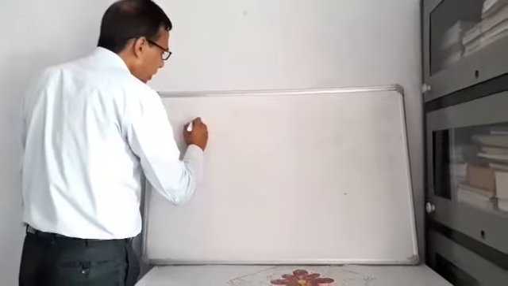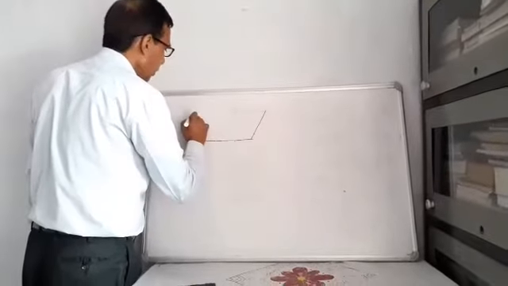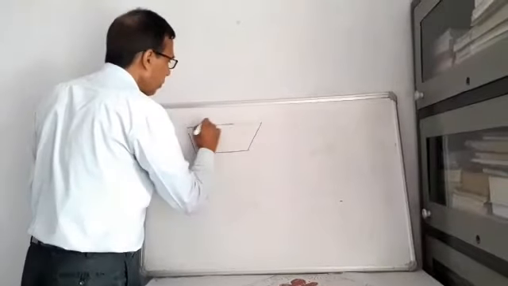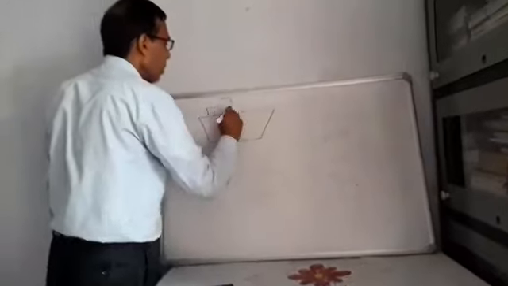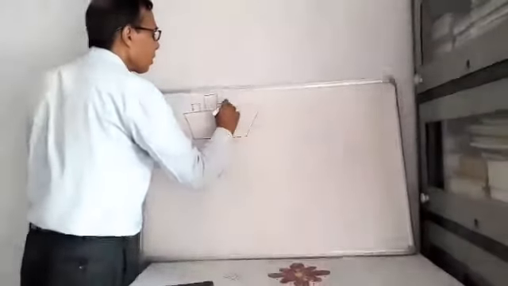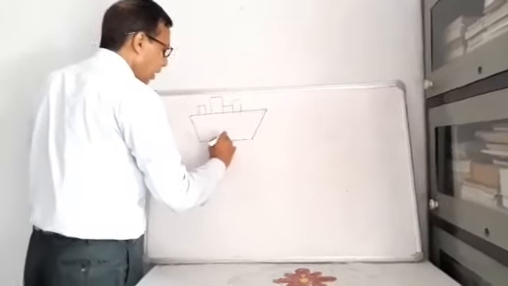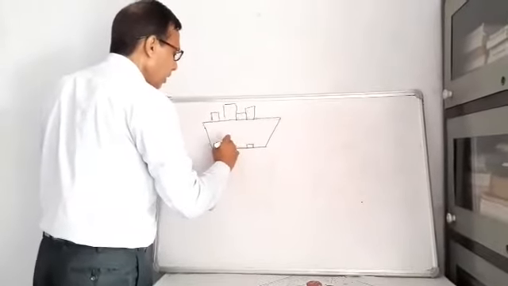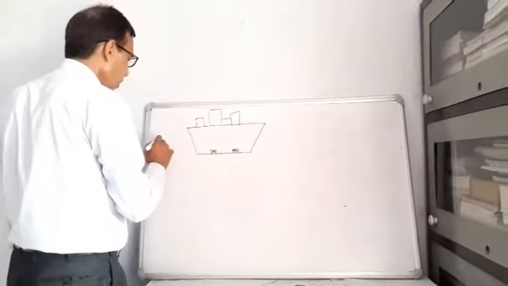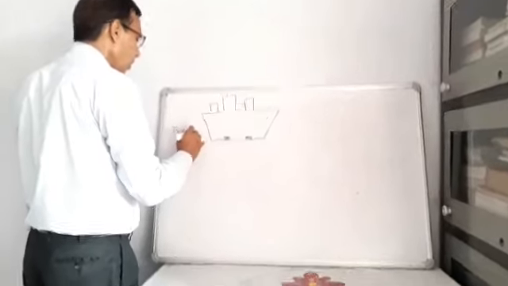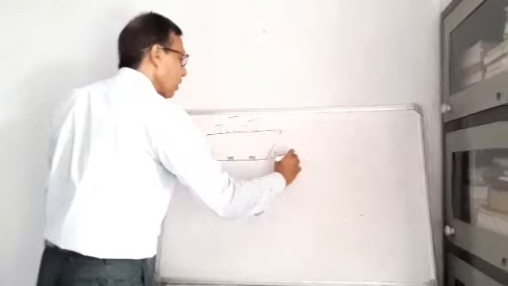Suppose this is a sea. Inside the ship there is a transmitter, and this is the detector or receiver.